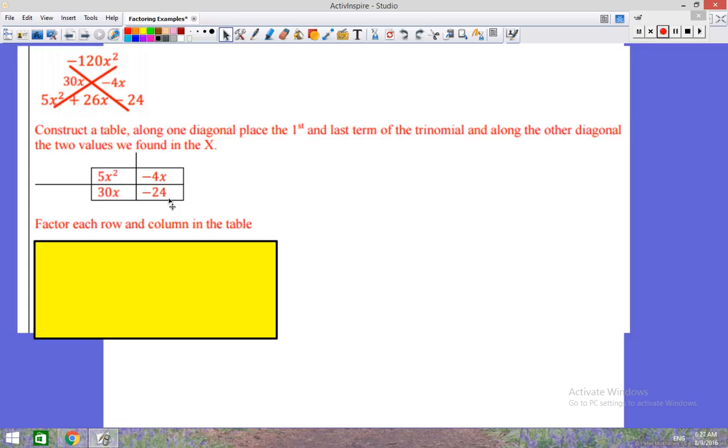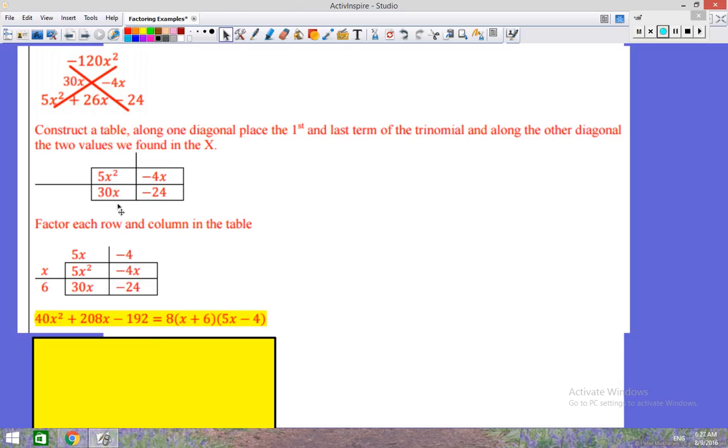And I look and I say I need to look and see what common factors there are by each row and also by each column. So when I look at 30x and negative 24, I see that the factor they have in common is a 6. When I look in this vertical column, the negative 4x and negative 24, I see that the factor that they have in common is a negative 4. And 6 times negative 4 is negative 24.